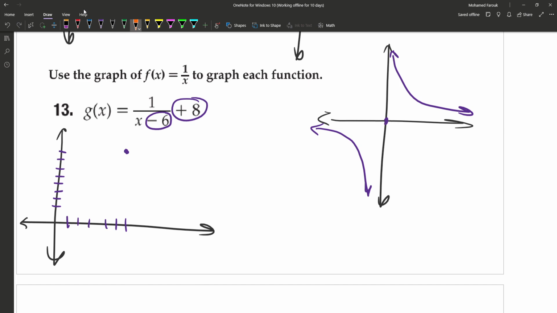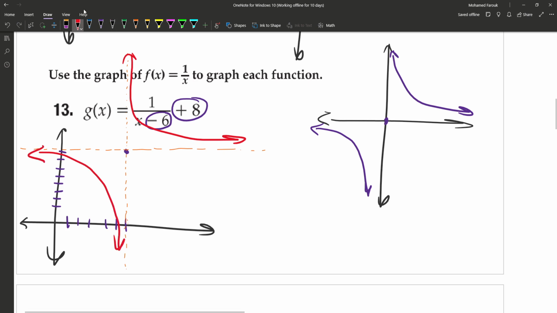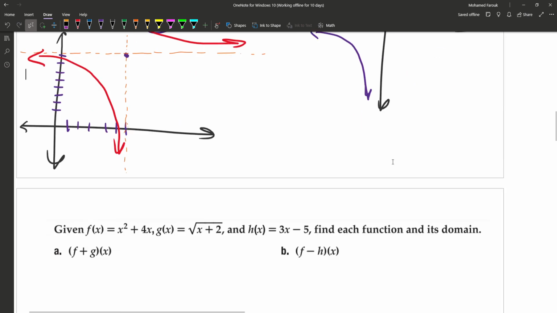What we will do right now is draw our asymptotes. This is the vertical asymptote, and this one is the horizontal asymptote, and then your graph is ready. You can draw your function right now. It will be like this and like this, and we're done.